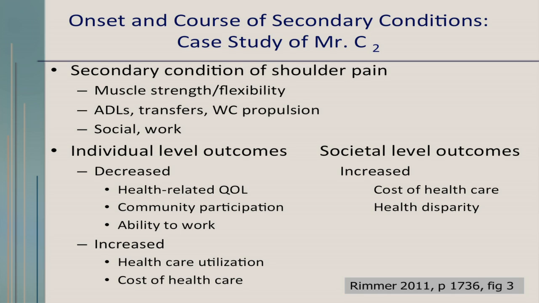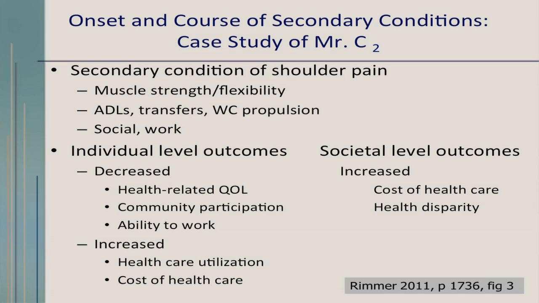His secondary condition of shoulder pain will also impact greatly his ability to perform his ADLs, his transfers, and his wheelchair propulsion. So he has been independent with being able to dress himself, bathe himself, perform his cathing schedules and those kinds of things, but with his shoulder pain, that's going to impact all those activities.